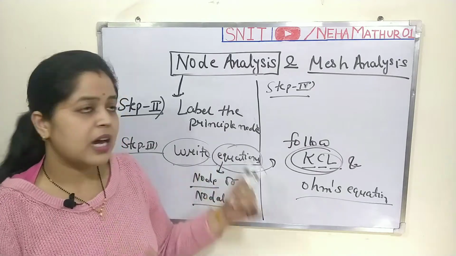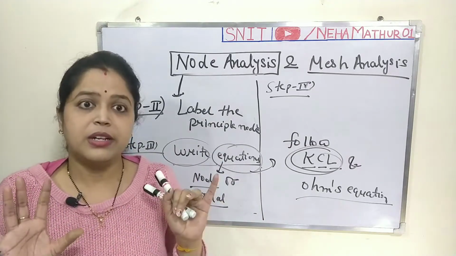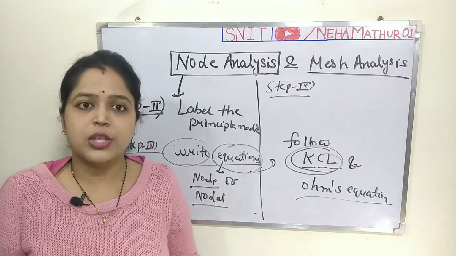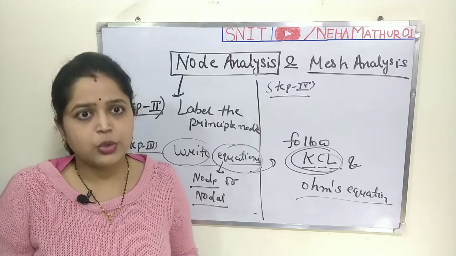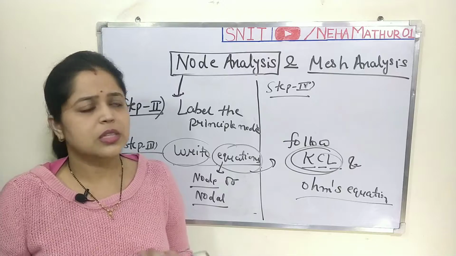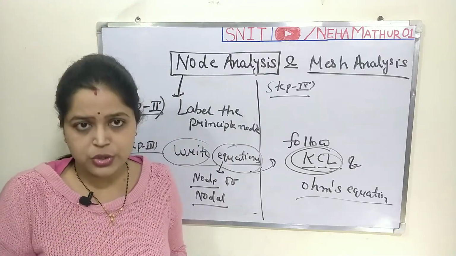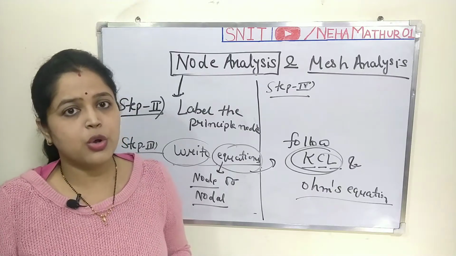Fine. And in the last step, you will have to solve all the equations using basic mathematical concepts. You can use the variable elimination method, or the substitution method, depends on your choice. You can learn this with the help of any example.